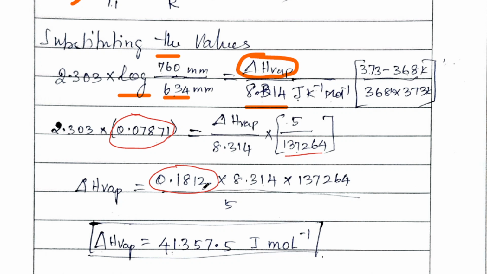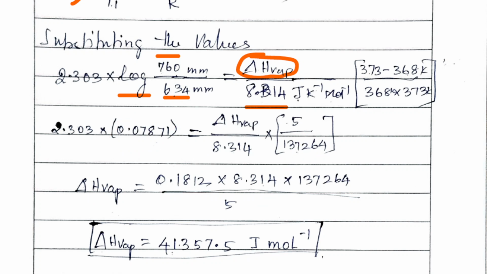Now delta H vaporization is here, and therefore I bring all these things to the other side to find delta H vaporization. It is in the denominator, so when it goes to the other side it becomes a numerator. This value 0.182, when it goes there, is multiplied by 8.314 and by this value, and the numerator comes to the denominator.